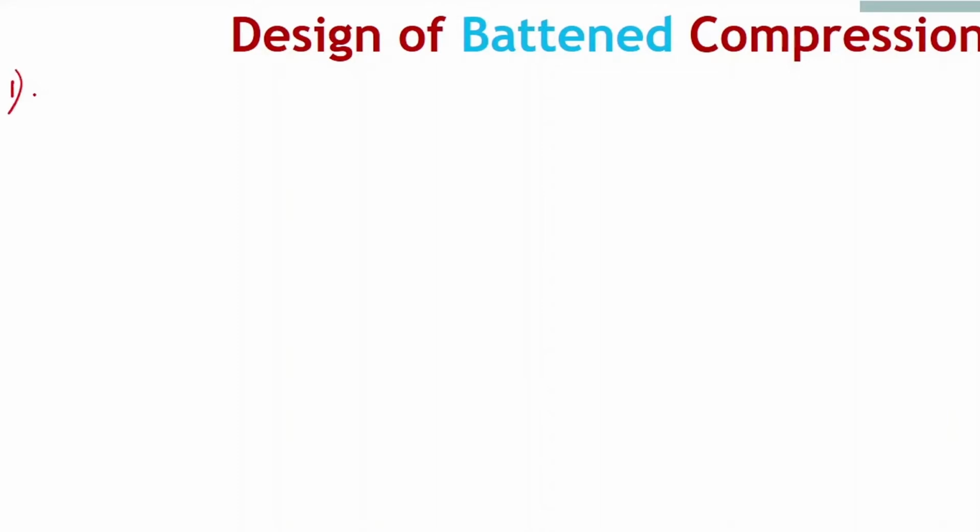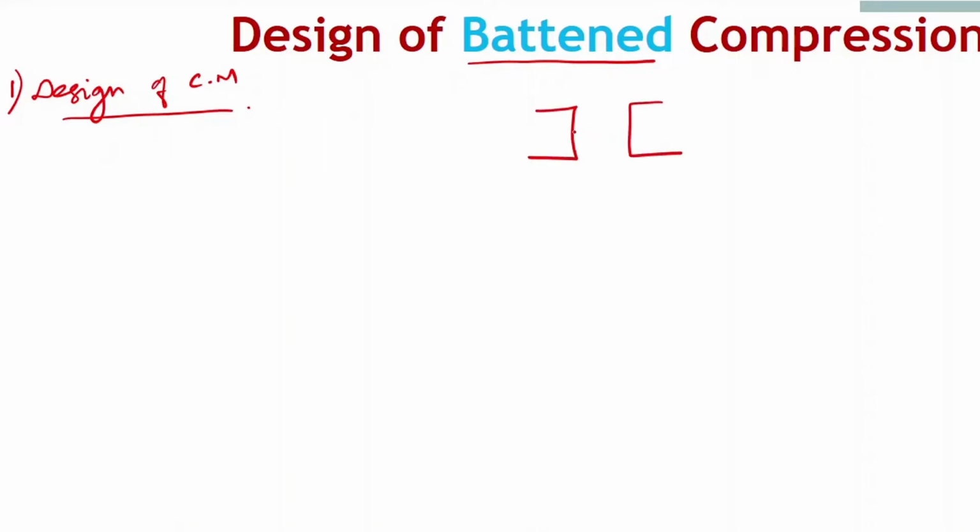First, what we need to do is design the compression member. Since we are going to design a battened column, we are going to select two channels arranged back to back at a spacing of S. So this is how we have to design a compression member.